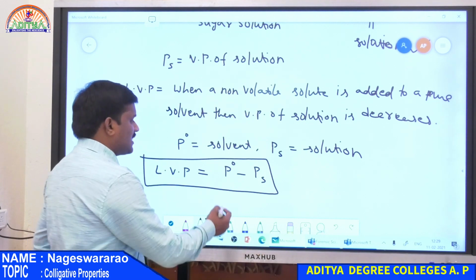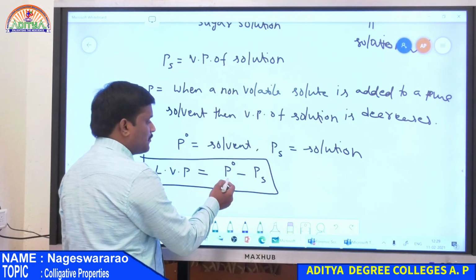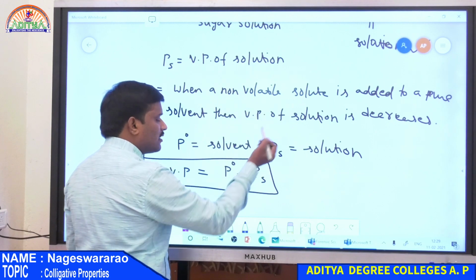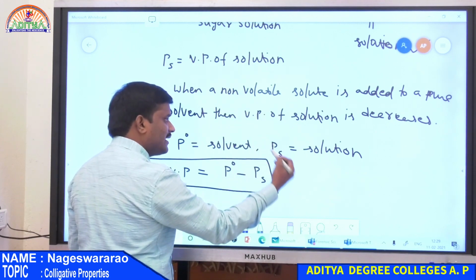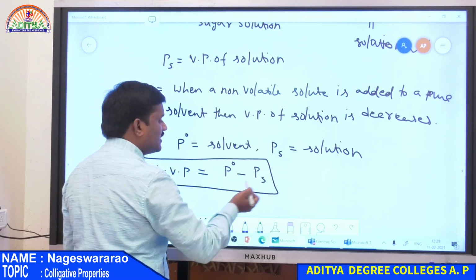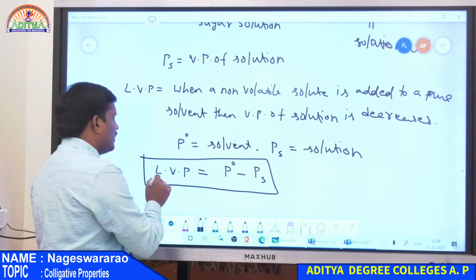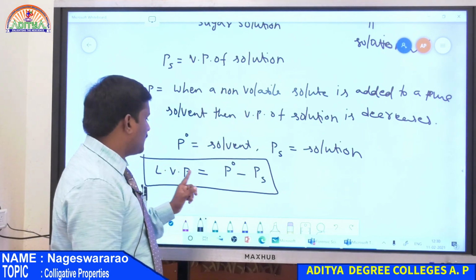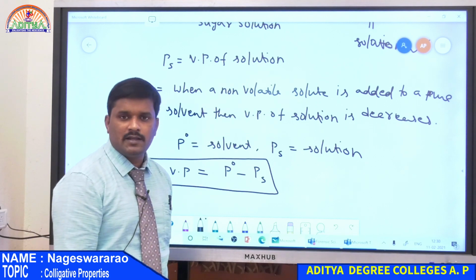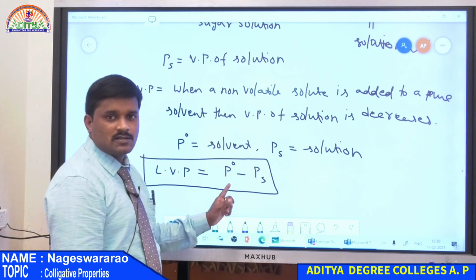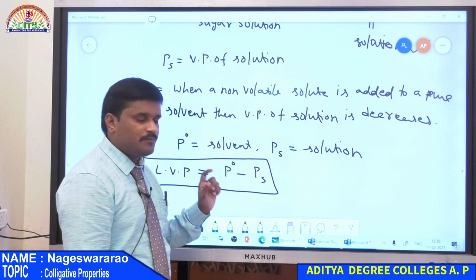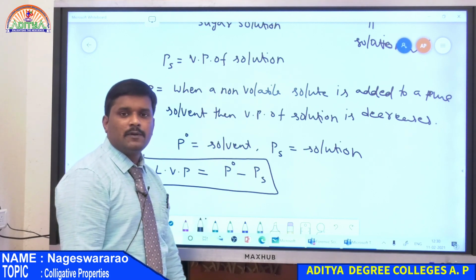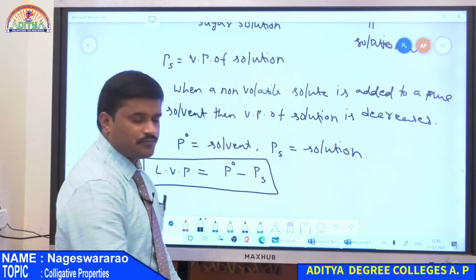Initially it has a high value because it is pure solvent, but after adding a non-volatile solute its pressure decreases. How much the pressure decreases is given by the lowering of vapor pressure. Therefore, lowering of vapor pressure is equal to P naught minus Ps, where P naught is the vapor pressure of the pure solvent and Ps is the vapor pressure of the solution.